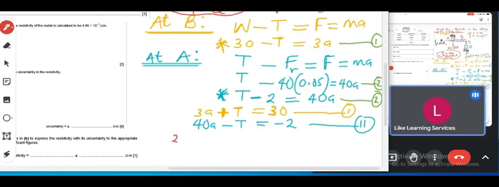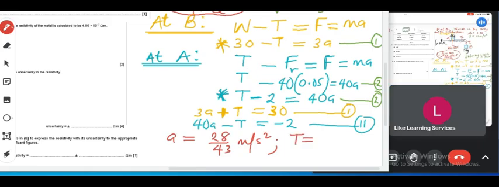So that's A. A is equal to 28 over 43 meters per second squared. And Y, which is T, is equal to 1,206 over 43 Newton.